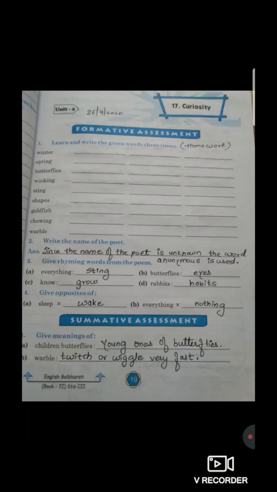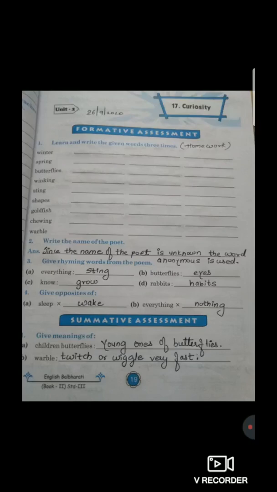Question number 1. Give meaning of. A1, children, butterflies. The answer is young ones of butterflies. B1, wobble. Answer, shake or wiggle very fast. So students, we have completed this question.